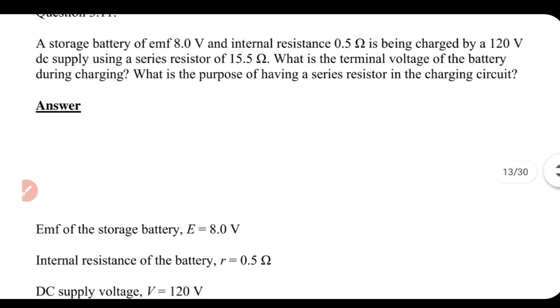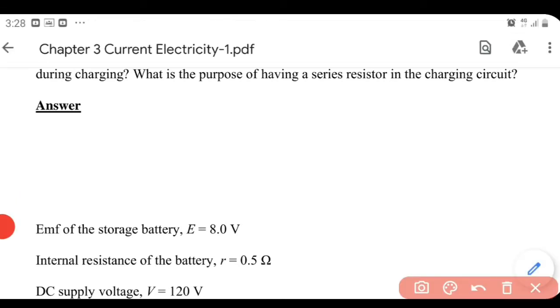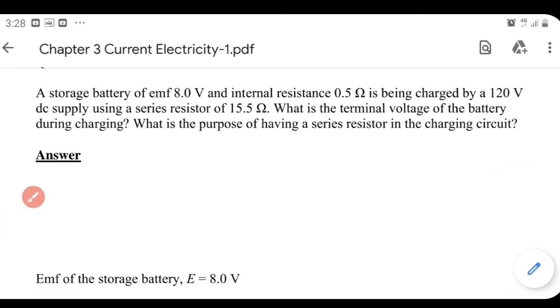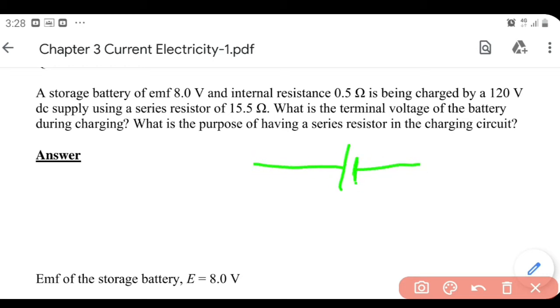So when we look at this question, if we try to draw a simple diagram showing the battery and the device which is used to charge the battery, it will look like this. You have a 120 volt battery. This 120 volt battery or charging device is connected to another battery whose EMF is 8 volt and its internal resistance is 0.5 ohm.